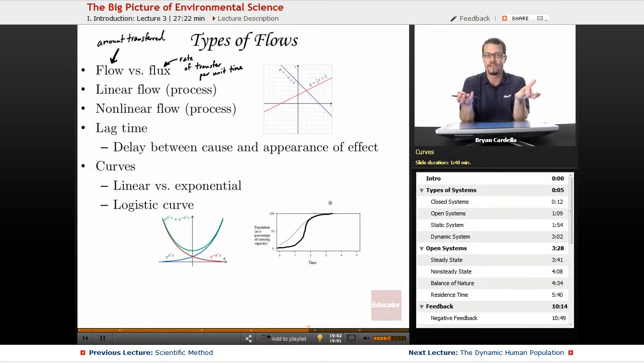So it could be paramecium, it could be amoebas, where you have a limited space for them to exist in, limited amount of resources on that petri dish or what have you. At first, you get a little bit of growth, and then all of a sudden you have enough of them that are going through cell division and reproducing. We have a huge population increase, but then there's limited resources. There's only so much space, there's only so much gas available, there's only so much food for them to eat. And eventually you can get a tapering off in terms of the rate of increase.